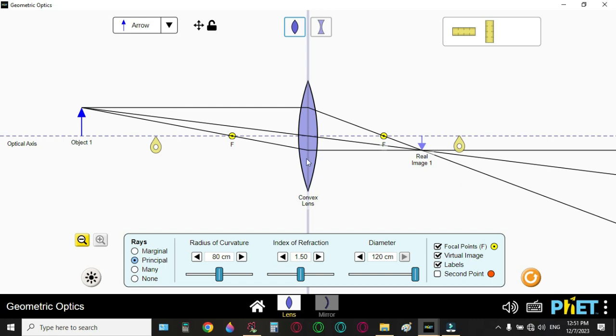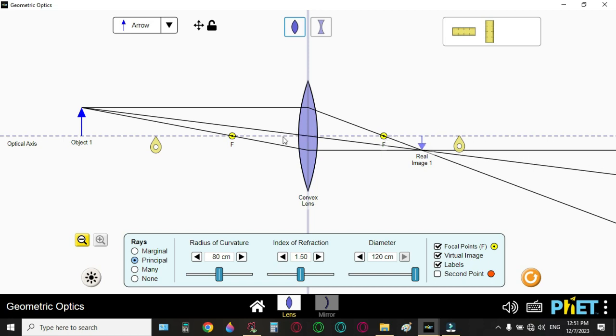The second ray is just a straight line from the head of the object, drawn towards the vertex, passing through the other side of the lens. Okay, so it's just a straight line.